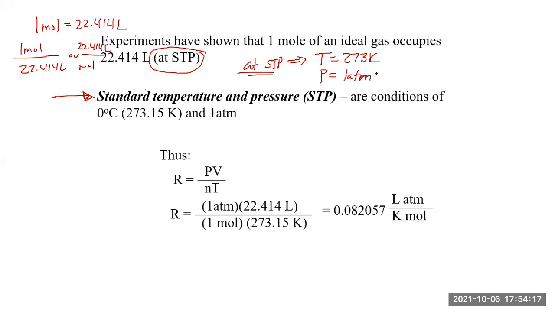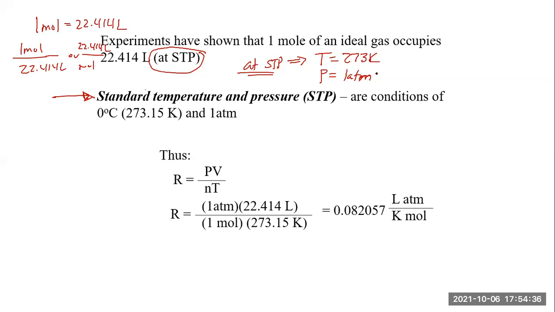So if somebody says we ran this experiment at STP, or what is the volume at STP, they're actually giving you a temperature and a pressure. Again, the temperature is 273 Kelvin. The pressure is 1 atmosphere.